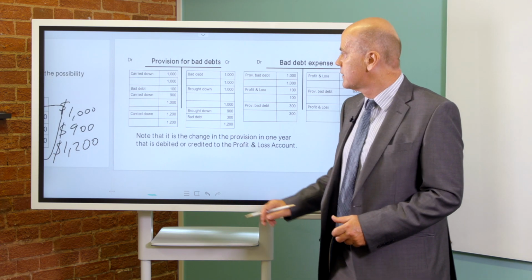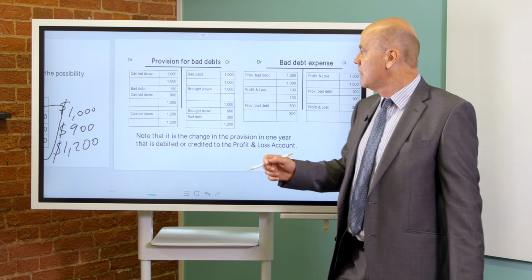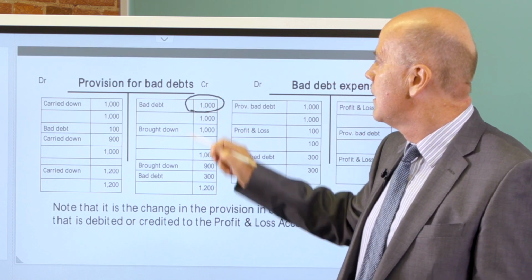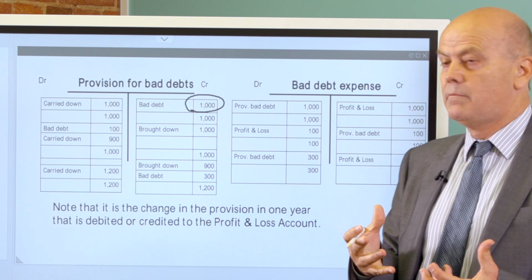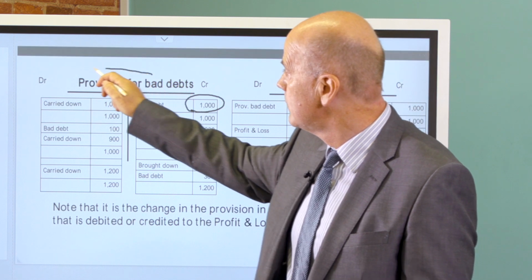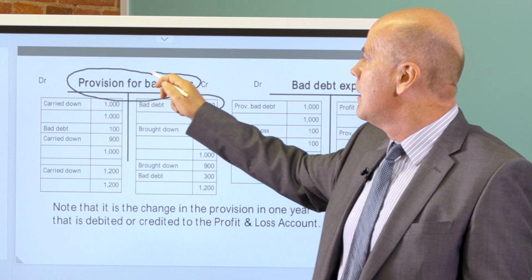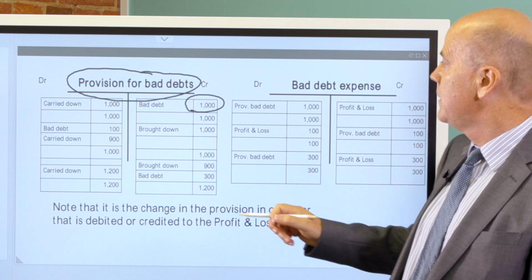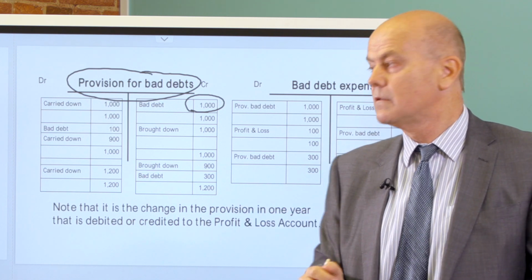Okay, fantastic. So what we have the first year, we need to make a provision of $1,000, and that is entered in the provision for bad debts account. Very logical. And secondly, we need to recognize that as a cost. So we need to put it into a cost account.